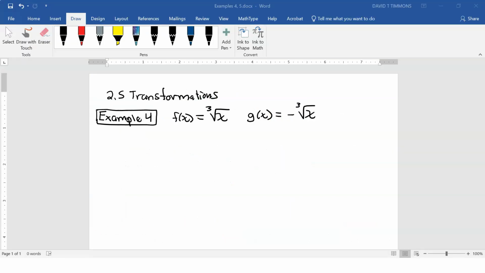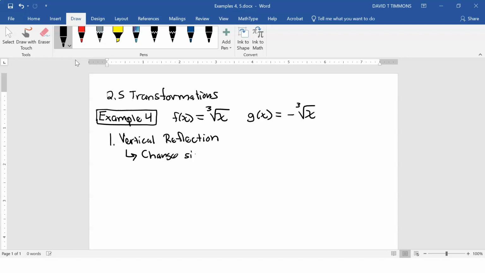As we will do in all our transformations problems, we want to identify what transformations we have, what order we'll do them in, and of course what the algebraic manipulations will be. So here we have a vertical reflection. And what we want to do is change the sign of the y coordinates.